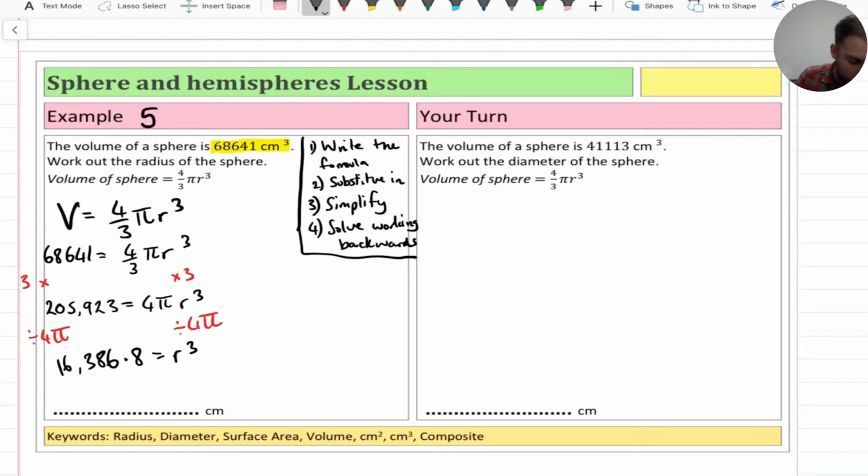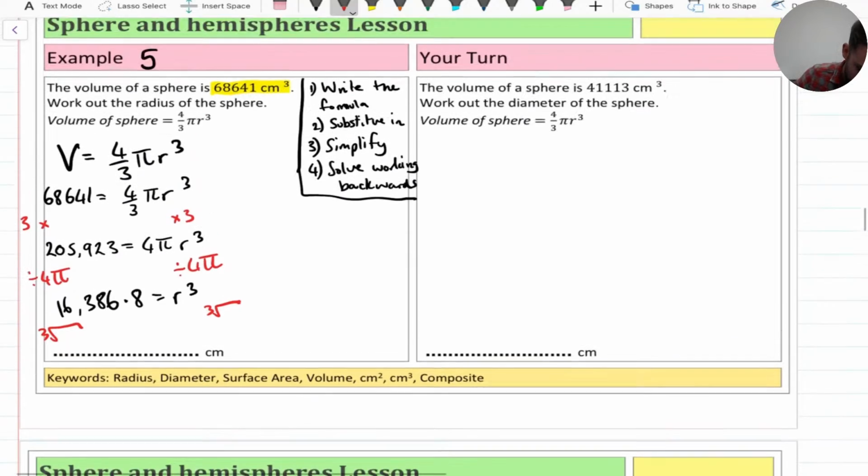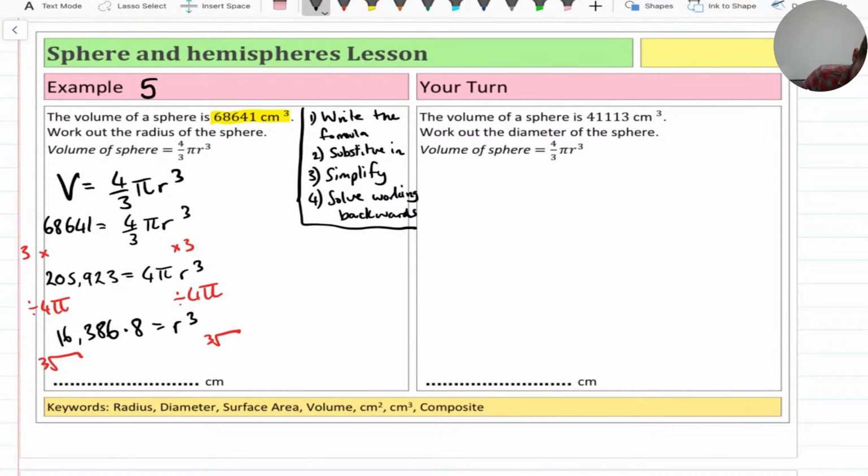And the last little part of this, I need to get rid of that cube. Now I get rid of a cube by cube rooting both sides. So the cube root of this is r is equal to the cube root of the answer, which is, I get 25.3998.